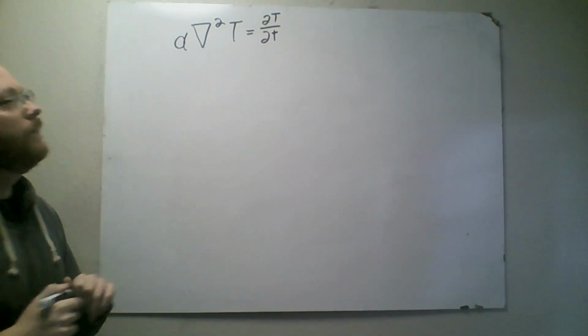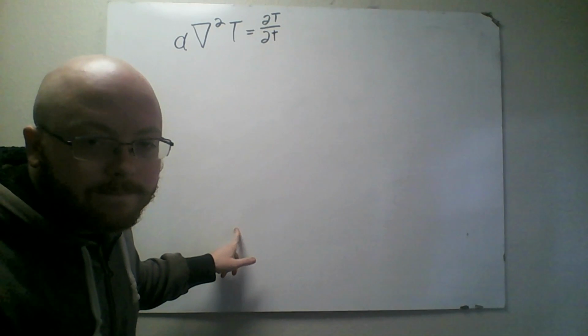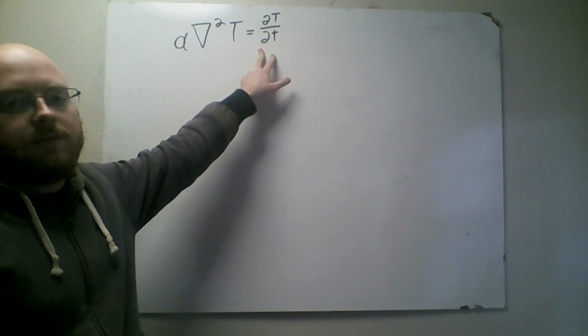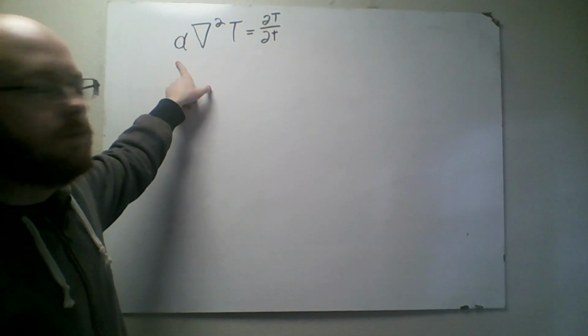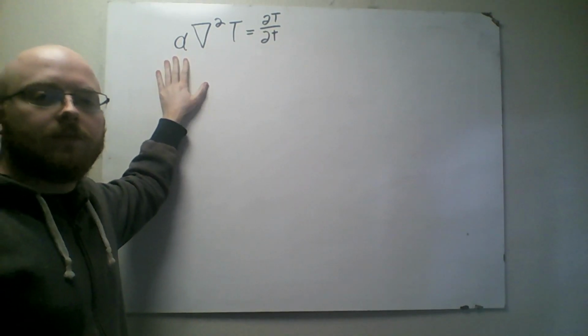So what this means is the rate of change of temperature is proportional to, this is the proportionality factor, it measures kind of how easily heat diffuses through the material.